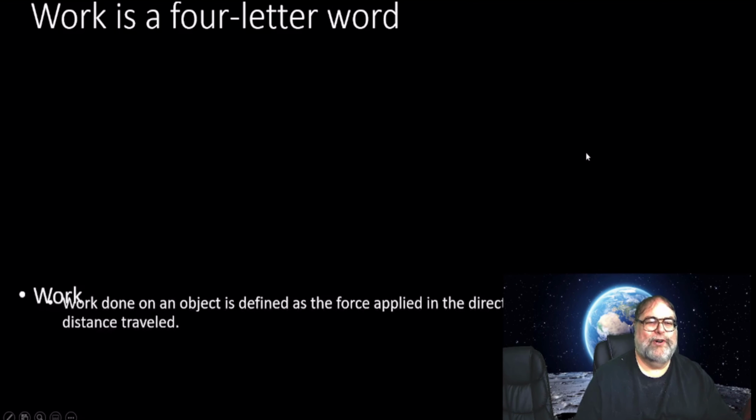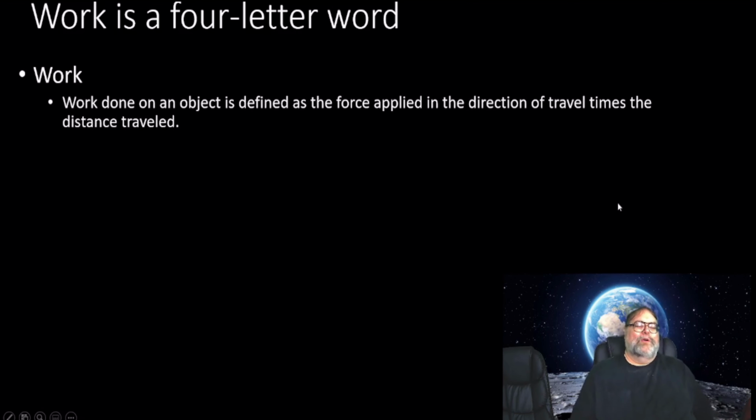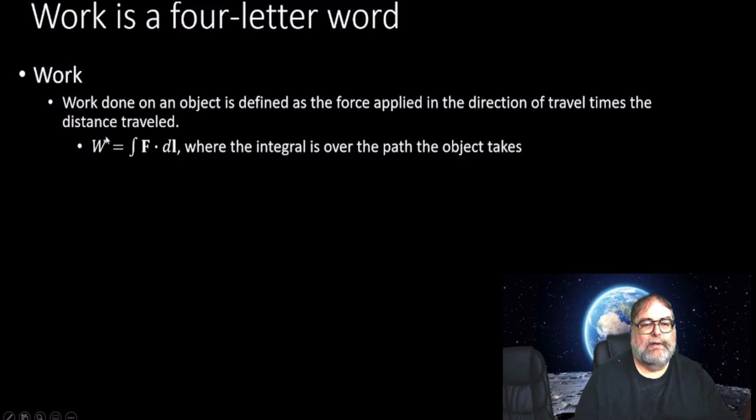Work is a 4-letter word. The definition of work is basically the force in the direction of motion times the distance traveled. So in this case, it's the line integral of F dot dl, where this is over the path the object takes.